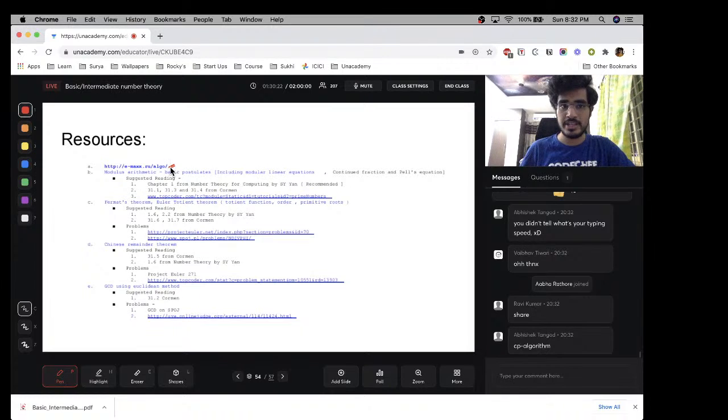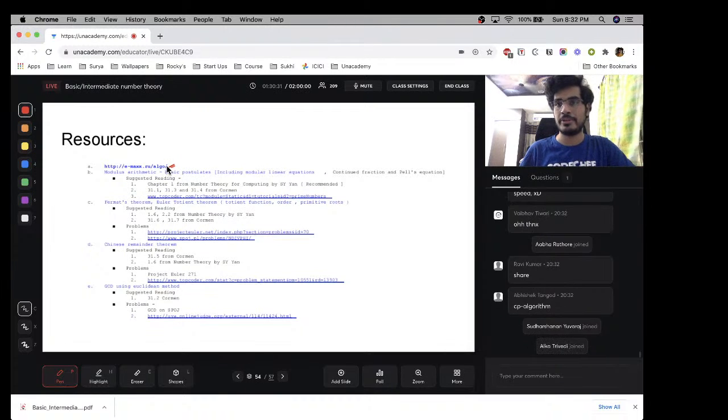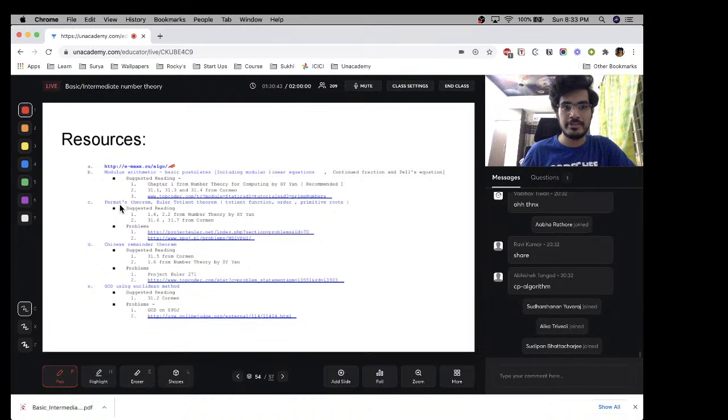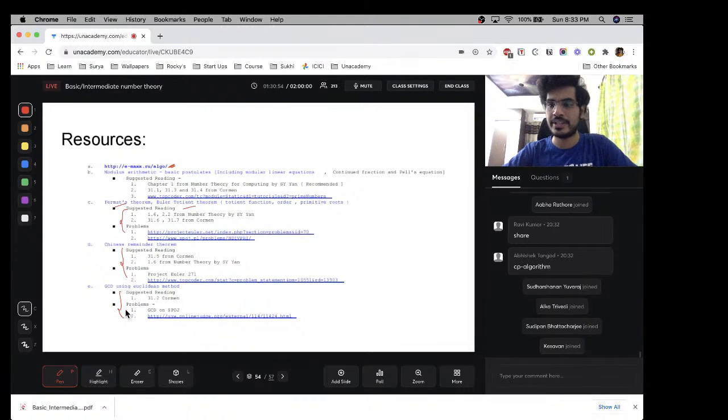The algorithms that are explained there are really simple to understand, and there is a long list of algorithms, so you can learn a lot there. For Fermat's theorem or Euler function, you can go through these resources, and for Chinese remainder theorem and GCD, they are like that.